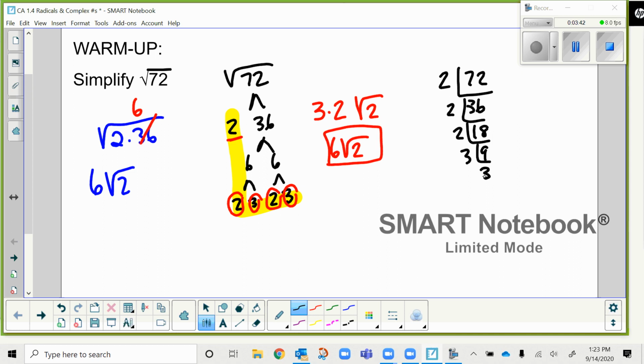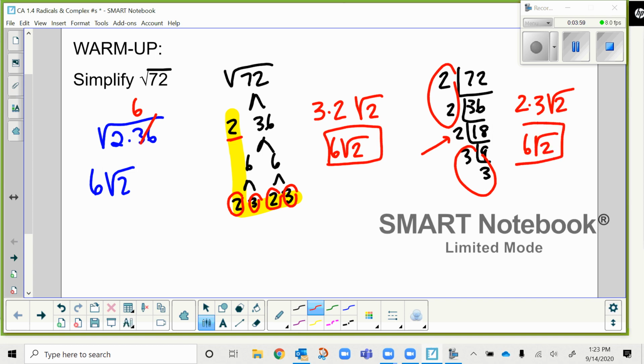And then they start looking for pairs, just like in the factor tree method. There's a pair of 2's that's going to come outside the radical. A pair of 3's comes outside, and then that 2 stays inside. And these are the 3 main ways that I see students simplify their radicals. Okay.